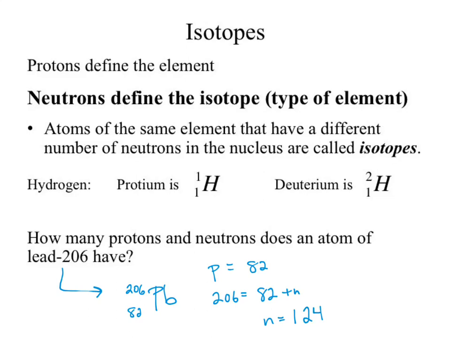Really simple, straightforward question. What would your multiple choice answers be on the exam? 124, 82, 0, 2, 11. I like the 207. Which then also means 125.